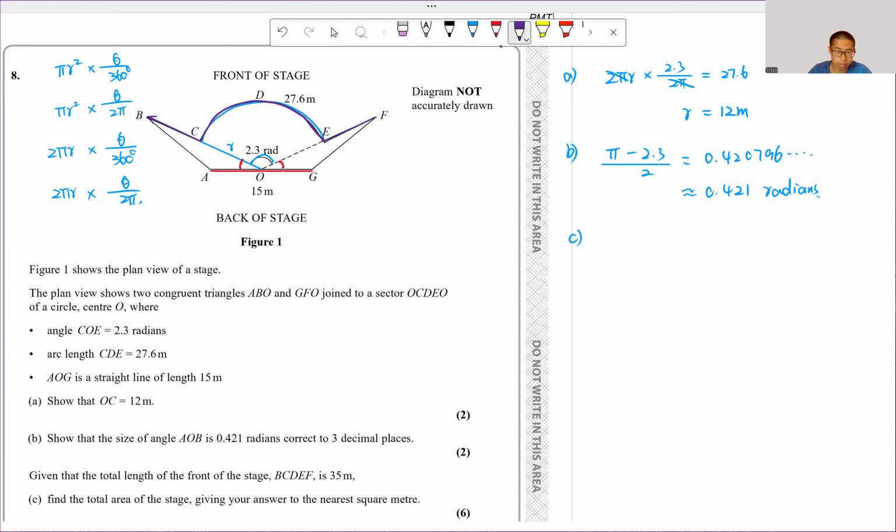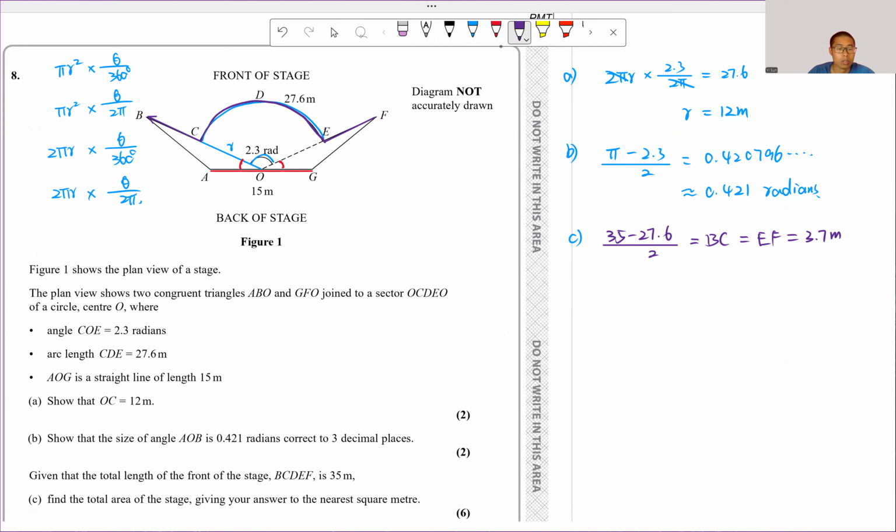And again, it's a congruent triangle. So we can just use 35 minus 27.6, divided by 2, to get the length of BC and EF. So 35 minus 27.6 divided by 2, we have 3.7 meters.